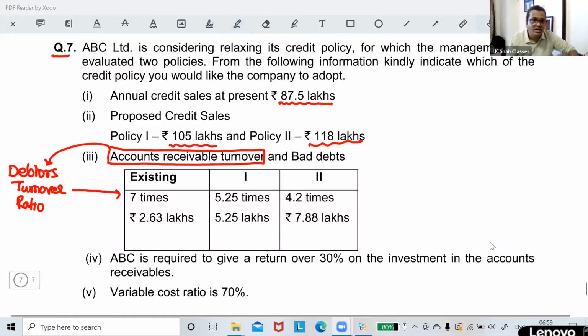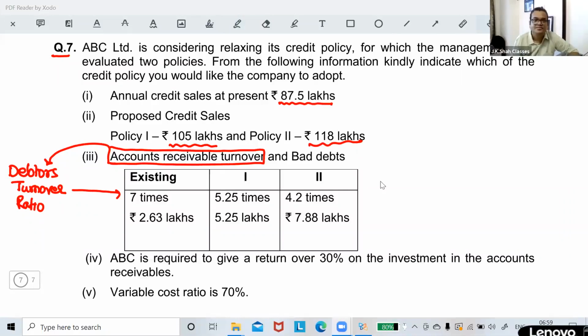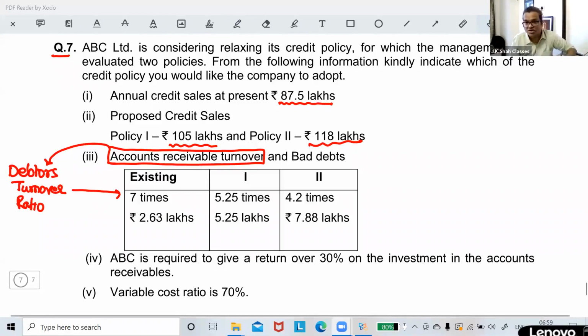Have we done something like that earlier? Correct, Karina. Very good. So guys, you tell me, do we need the debtors turnover ratio or the average collection period? We need the average collection period.